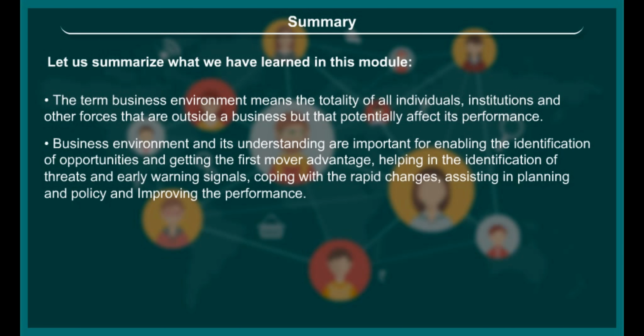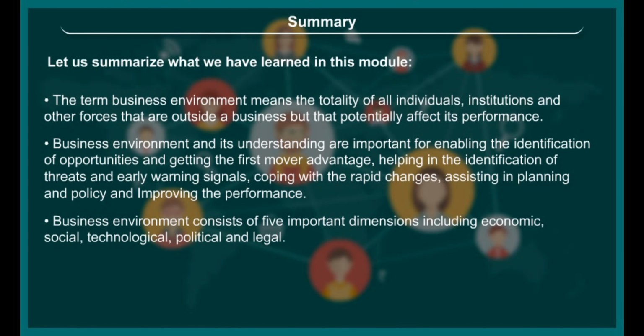Business environment and its understanding are important for enabling the identification of opportunities and getting the first mover advantage, helping in the identification of threats and early warning signals, coping with the rapid changes, assisting in planning and policy, and improving the performance. Business environment consists of 5 important dimensions including economic, social, technological, political, and legal.